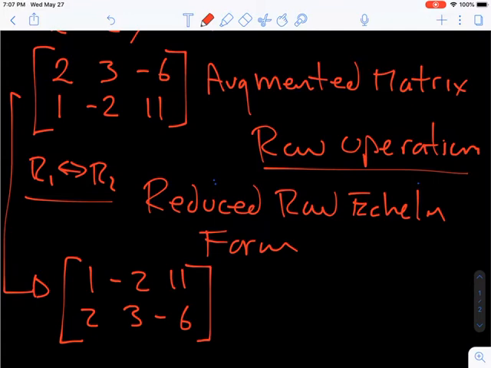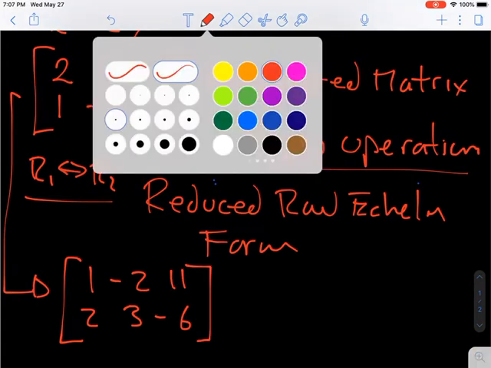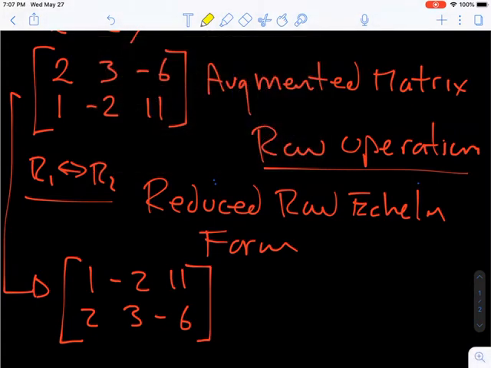Now the reason that I want to do that is because we want the number in the first row, first column, to be a 1. That is always the first step. The number in the first row, first column must be a 1.